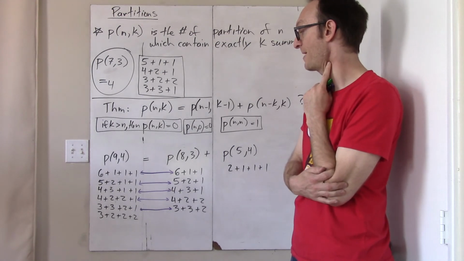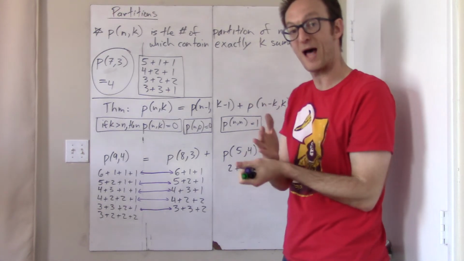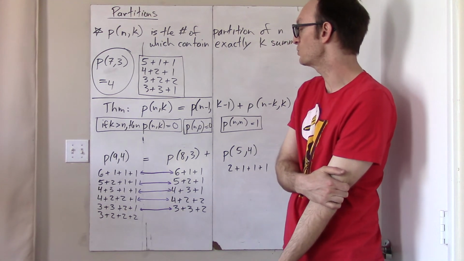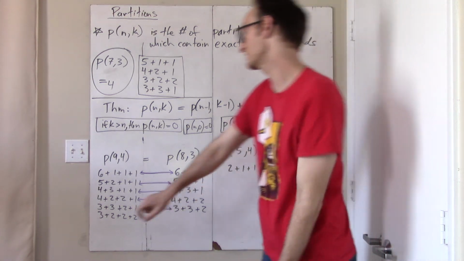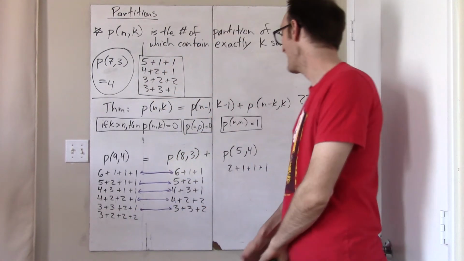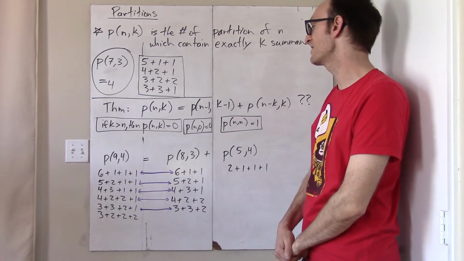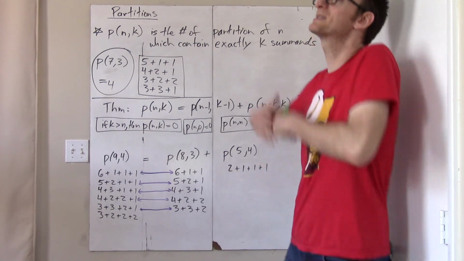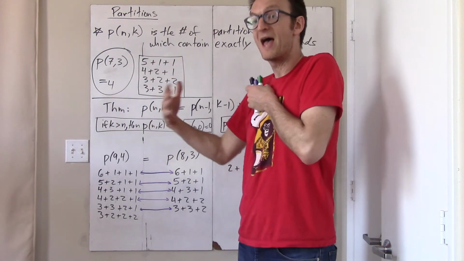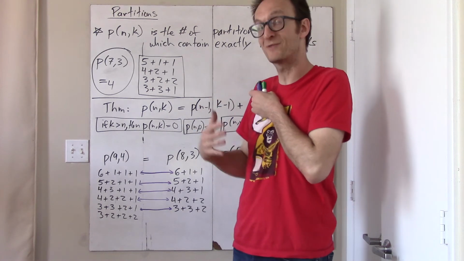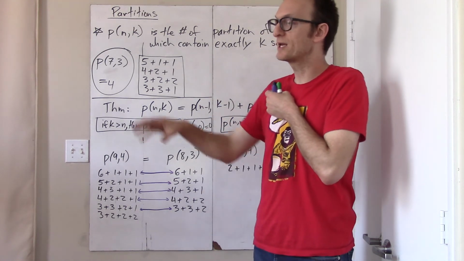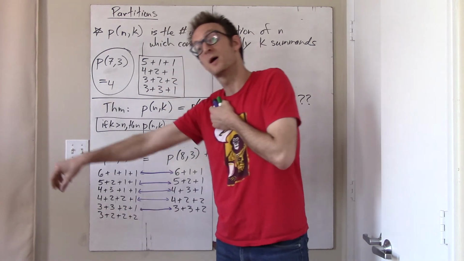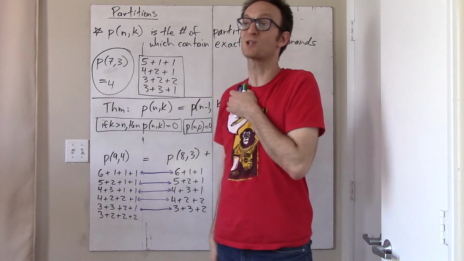So maybe you want to make a rule that every puppy pile's got to have at least 2 puppies in it. Well, if every puppy pile has to have at least 2 puppies in it, then we're in this last case here. And now we see that if you have 9 puppies, and you are insisting that every pile have at least 2 puppies, then you might as well, in making your 4 piles, put 1 puppy in every pile just automatically.